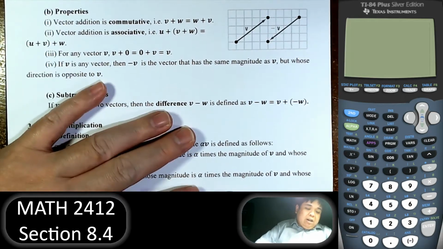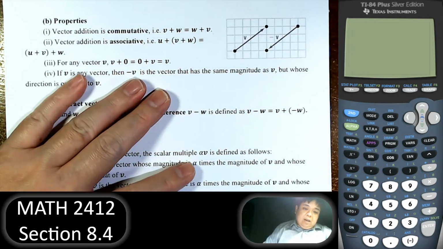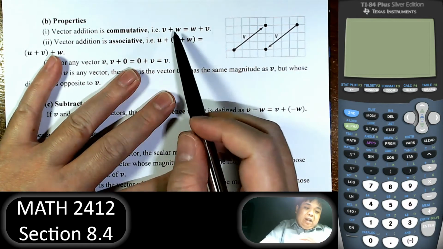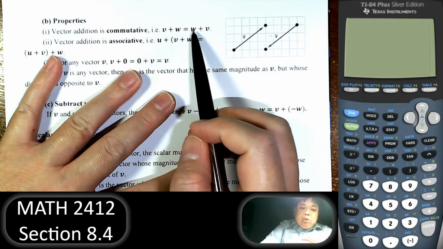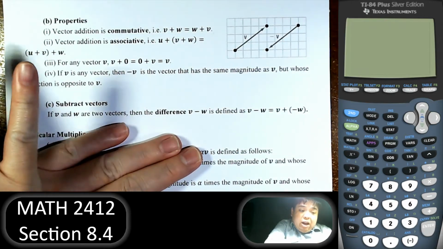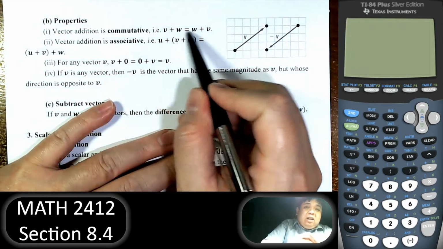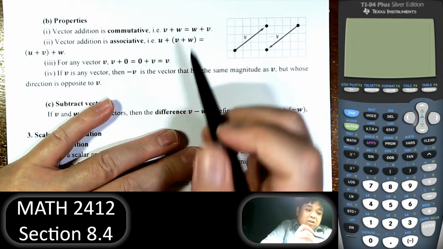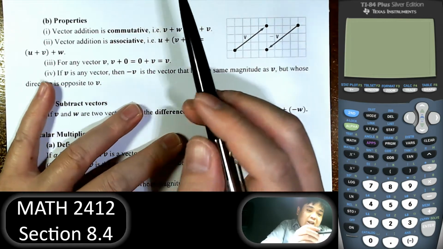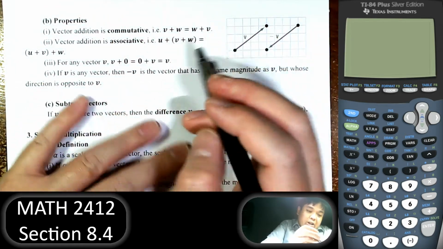Next, vector addition. Vector addition is commutative, meaning v plus w is equal to w plus v. As you notice, I will use the boldface letter to represent vectors. Later on we will have numbers, and we will not have the boldface.